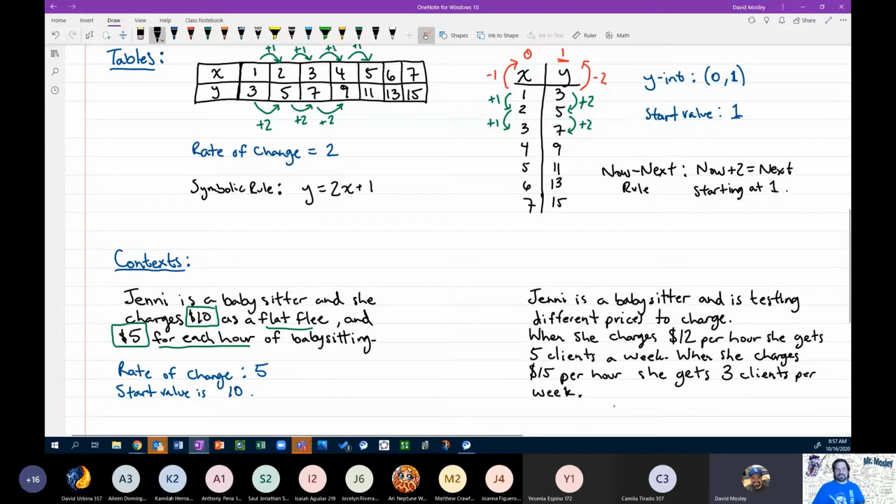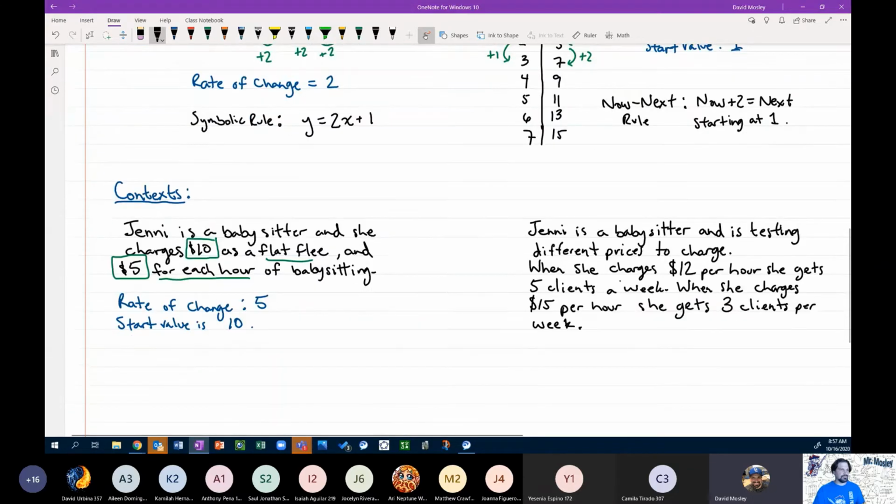Right, so this is a different type of context where I'm not directly given the rate of change and the start value. I'm given 2 points. We have 2 sets of coordinates: $12 an hour and 5, and $15 an hour and 3.